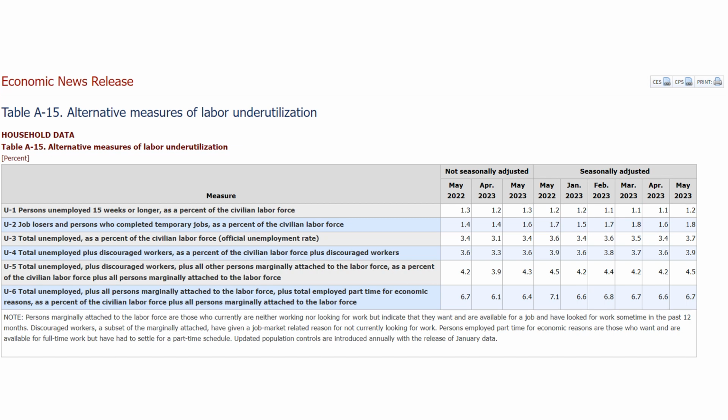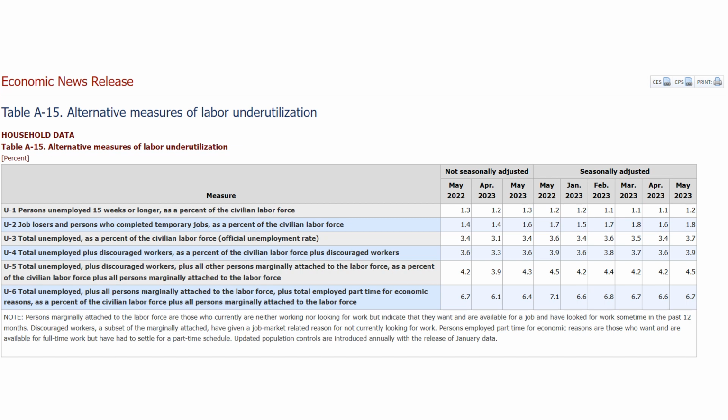We're picking up those people that are working part-time but would rather be working full-time. And that's quite common, where a person would rather be working full-time, but they're being underutilized, only working 15 hours a week rather than 40 hours a week.